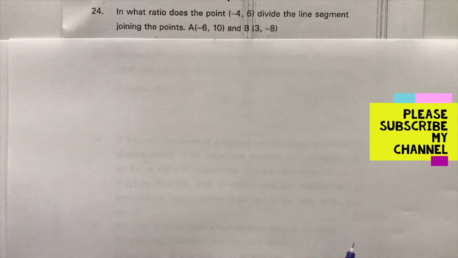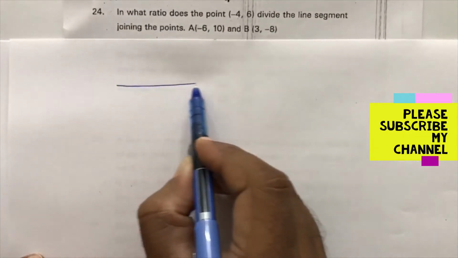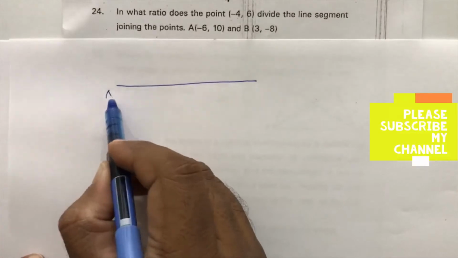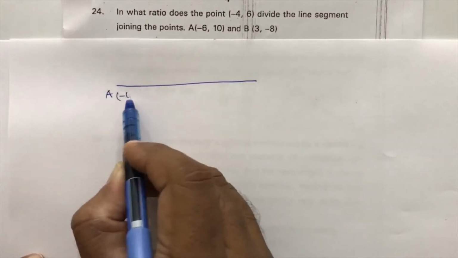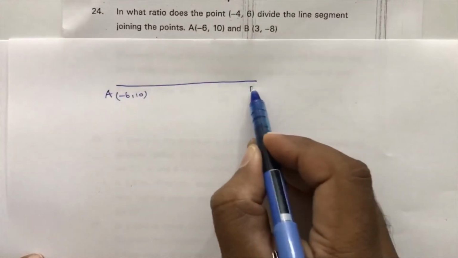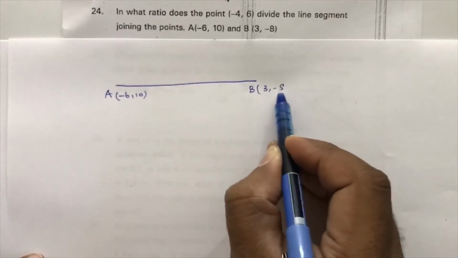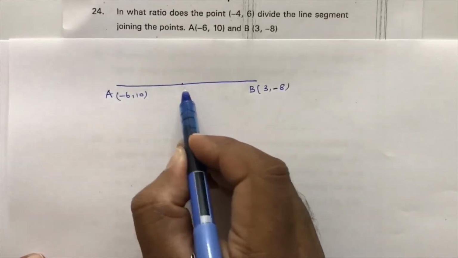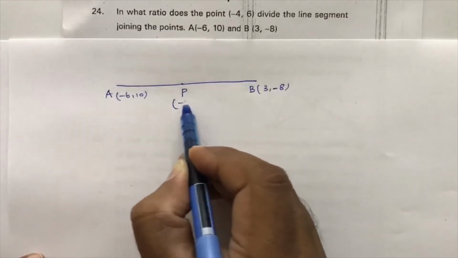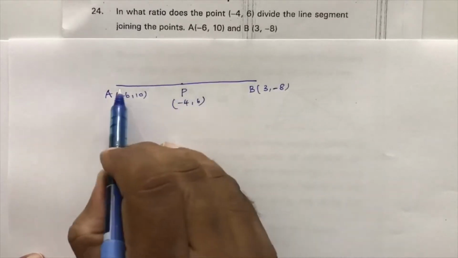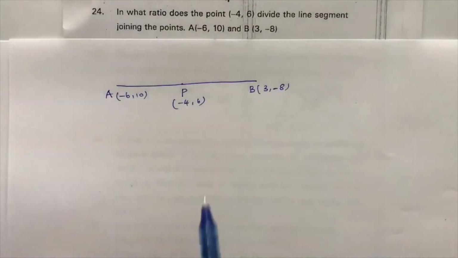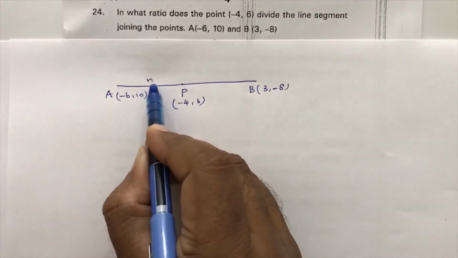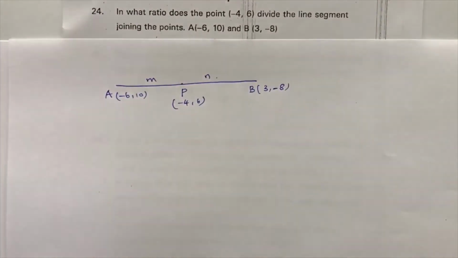In what ratio does the point minus 4, 6 divide the line segment A minus 6, 10, B 3, minus 8? Here I'll take the ratio as m is to n.